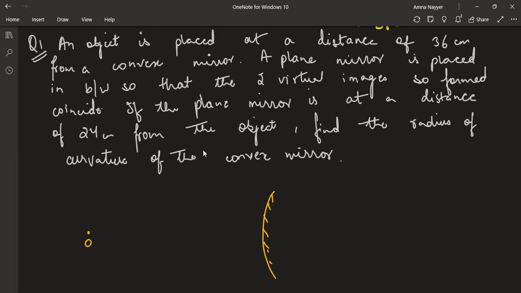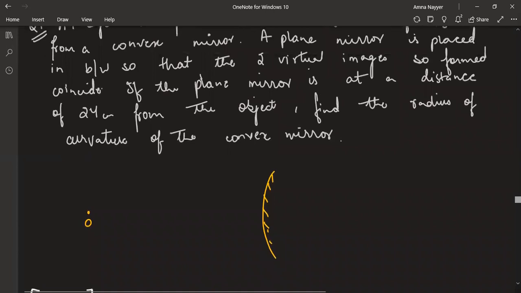A plane mirror is placed in between so that the images that are formed coincide, if the plane mirror is at a distance of 24 centimeters from the object. This will be 24 centimeters. Here you just have to understand the ray diagram. Rest of the calculation is very easy.